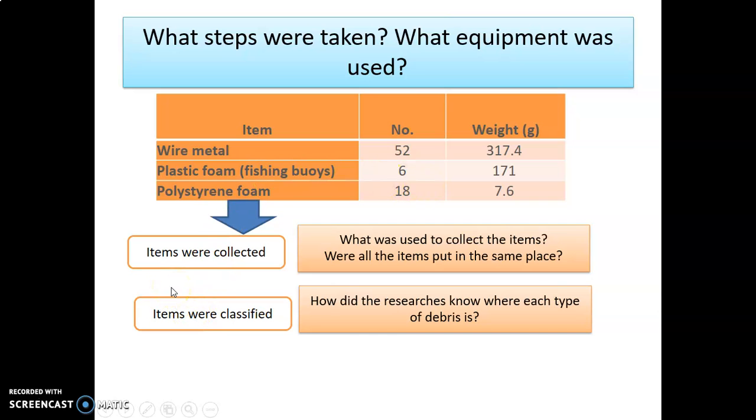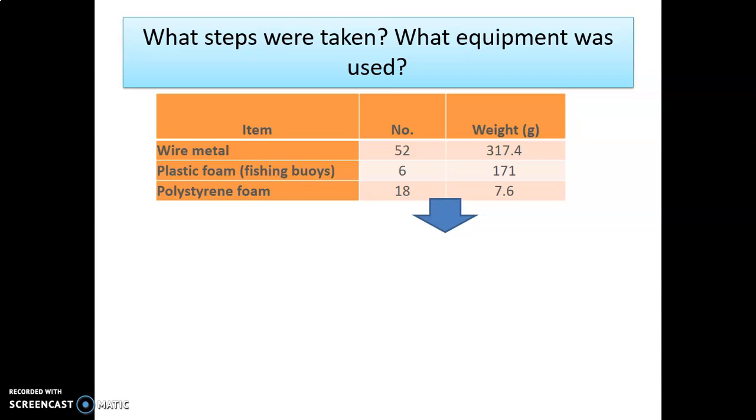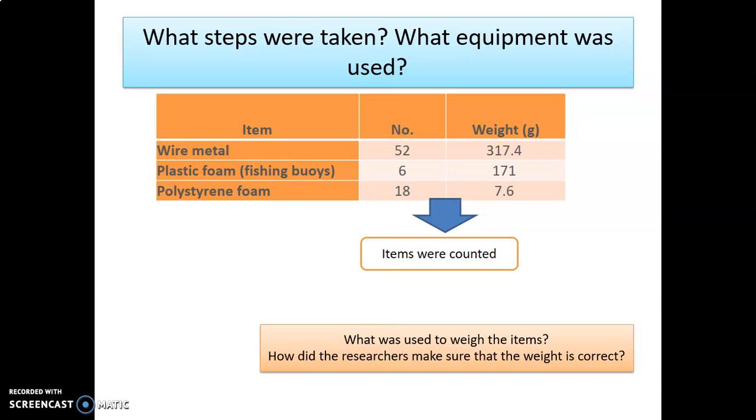And in order to know how many of them are there and how much they weigh, they need to be collected and classified, like put into different baskets or different bags, right? Yeah, obviously, then items were counted, and then the question is what was used to weigh the items, and yeah, they were weighed as well. And how did the researchers make sure that the weight was correct? So all these things should be described in the methods and materials section.